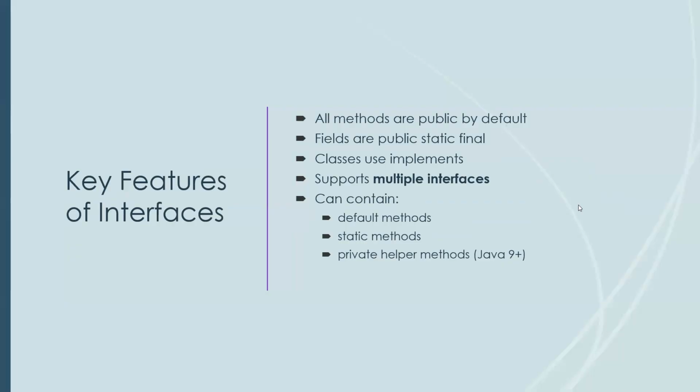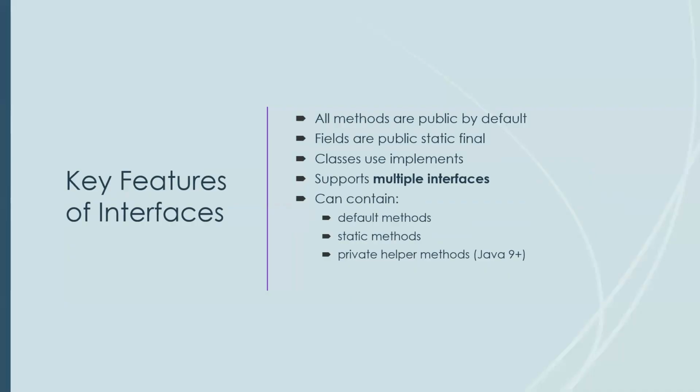All right, what are the key features of interfaces? In interfaces, all methods are public by default. Fields are public static final. That essentially means that any field that you declare in an interface is a constant. And not only is it a constant, but it's bound to that interface.